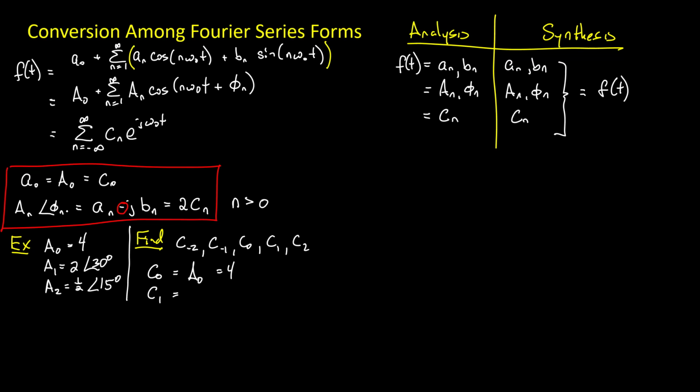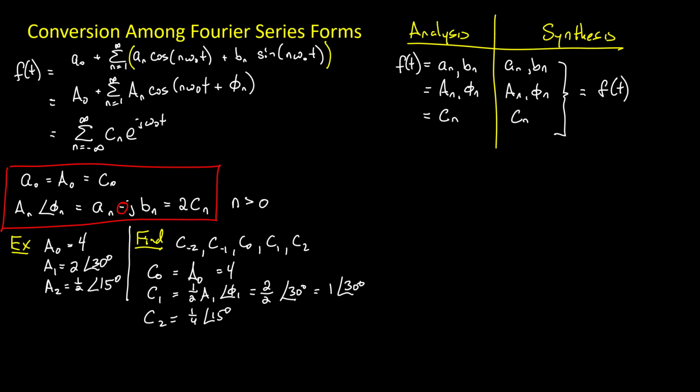Your c sub 1 equation from here is 1/2 of your A sub n, phi sub n component. So your c sub 1 is going to be 1/2 of your A sub 1, phi sub 1 component, which for this particular example is 1/2 of 2 at an angle of 30 degrees, or 1 at an angle of 30 degrees. Your c sub 2, in the same way, is 1/2 of this value, so that's 1/4, angle of 15.